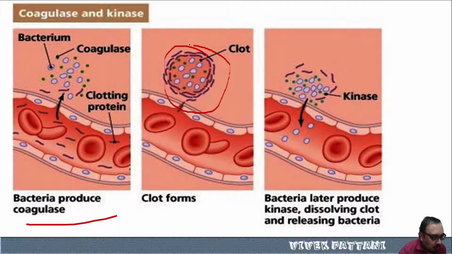This clot helps as a layer for the staphylococci or other bacteria which produce coagulase against various immune system mechanisms. Later, if they want to infect further, they produce the enzyme kinase, and this kinase dissolves the clot and releases the bacteria in the cell layers.